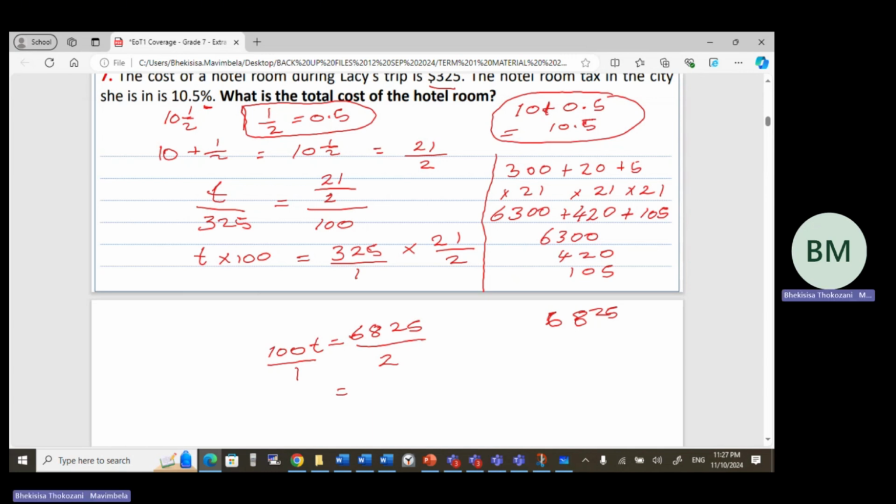Then we can again cross multiply here if we want to. Or we can just simplify this. I think we can. And if we divide this by 2, we will get 3,412.5. So yeah, this can be simplified.